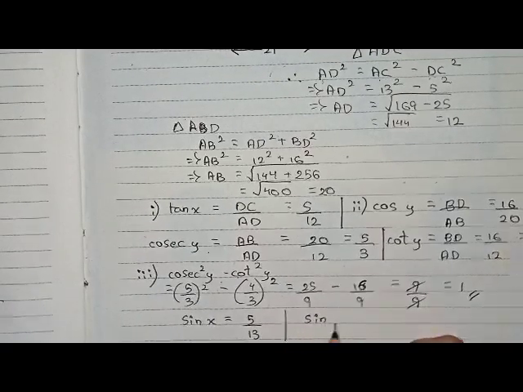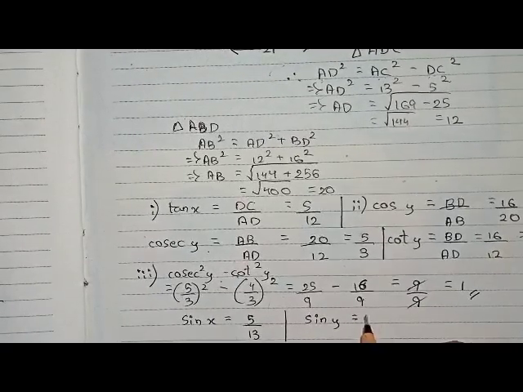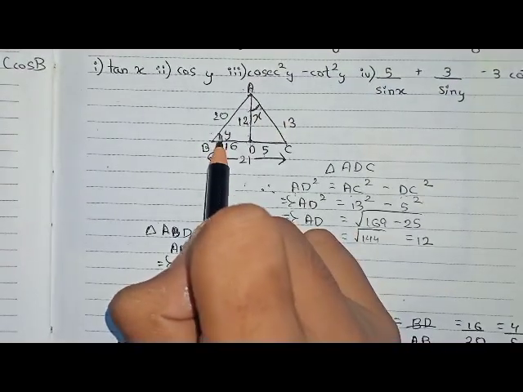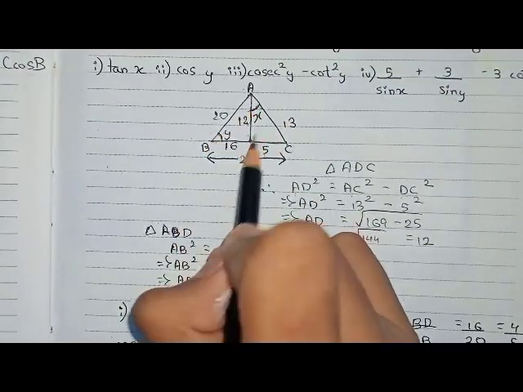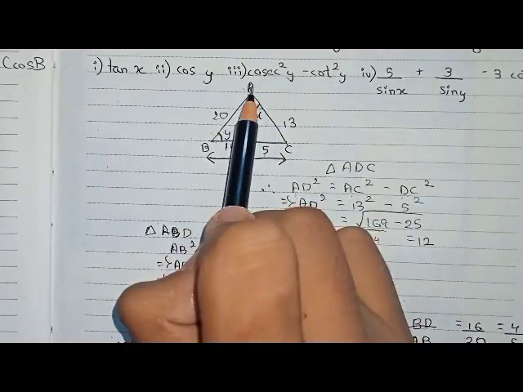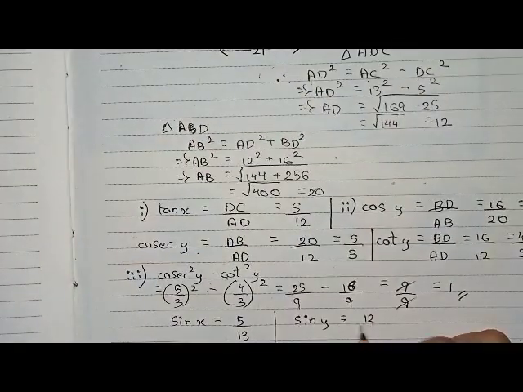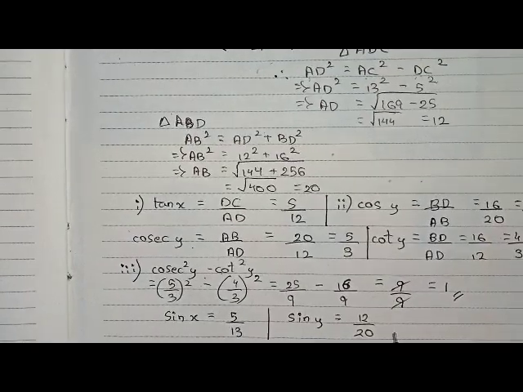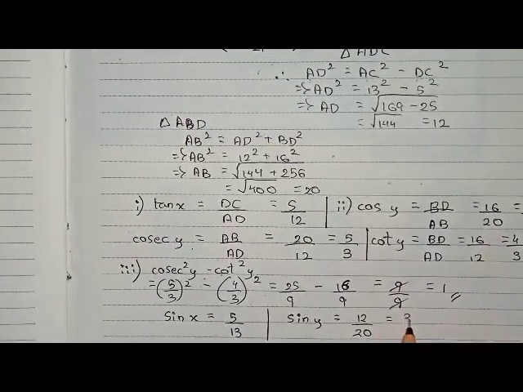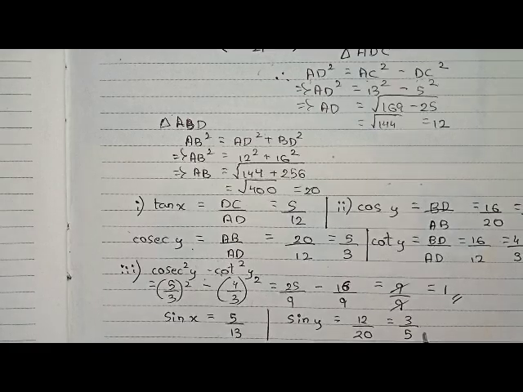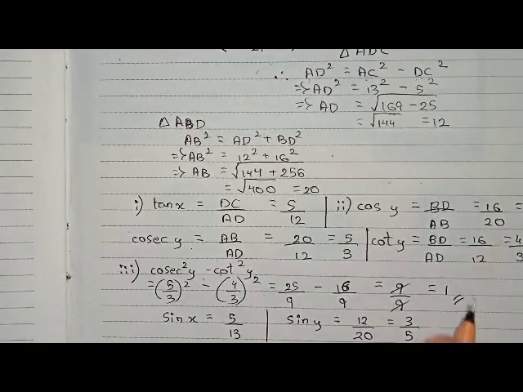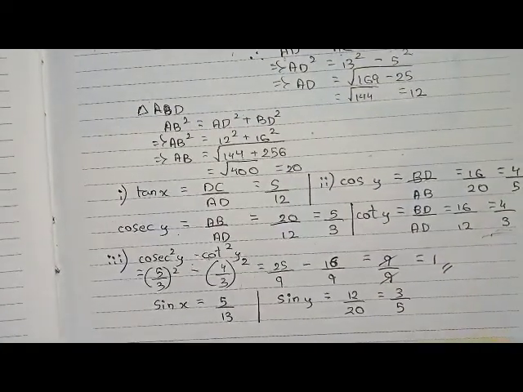And sin y here, height by hypotenuse. Height is AD and hypotenuse is AB. So 12 by 20, which we cut by 4, it will become 3 by 5. And the cot value here, cot y, you already know, that is 4 by 3.